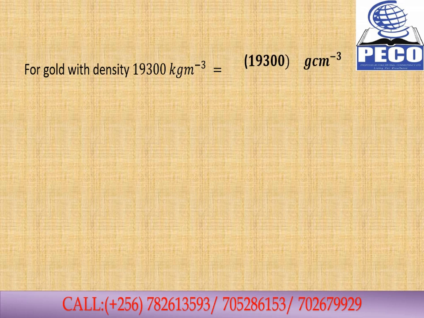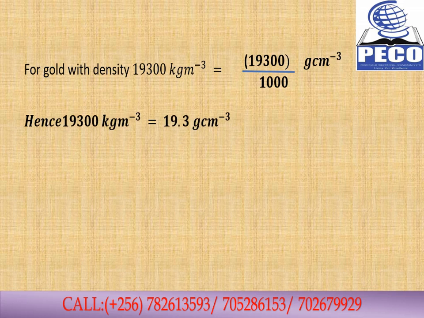So now here, if I have the density of gold, which is 19,300, and I want to convert to grams per cubic centimeter, then I just have to divide this value by 1000, and then I get therefore 19.3.